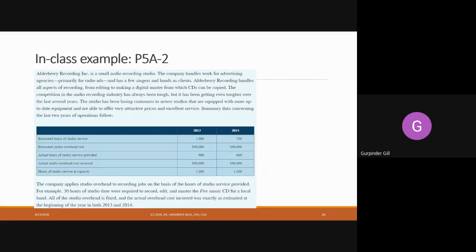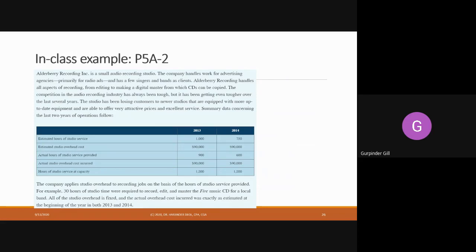So we have the comparative data for 2013 and 2014. The estimated hours of studio service is provided, estimated studio overhead cost is given to us, actual hours of studio services provided, actual studio overhead cost incurred, and hours of studio service at capacity.